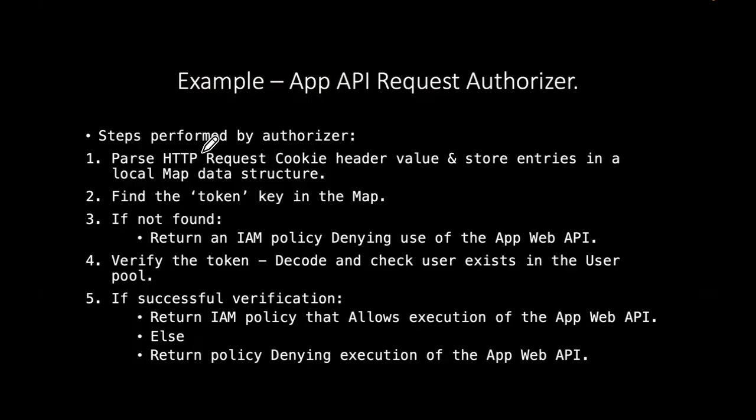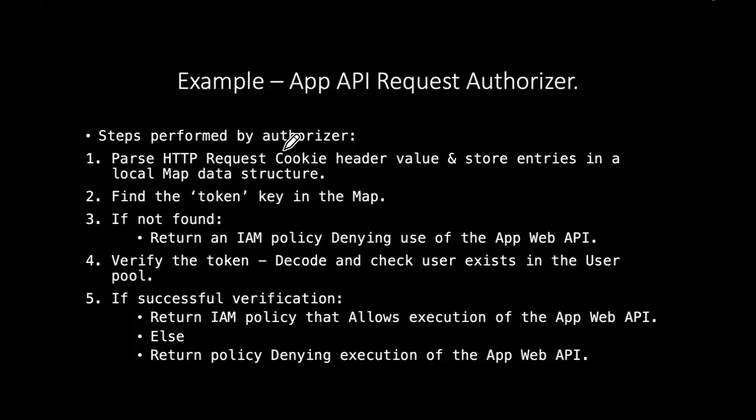The way I've done it is I first find the request cookie header, but that's just a big long string with a set of key value pairs, where a separator is used to separate one cookie from another cookie, and a cookie is a key equals a value. So we need to parse that whole big long string, and I've parsed it and put it into a map data structure.